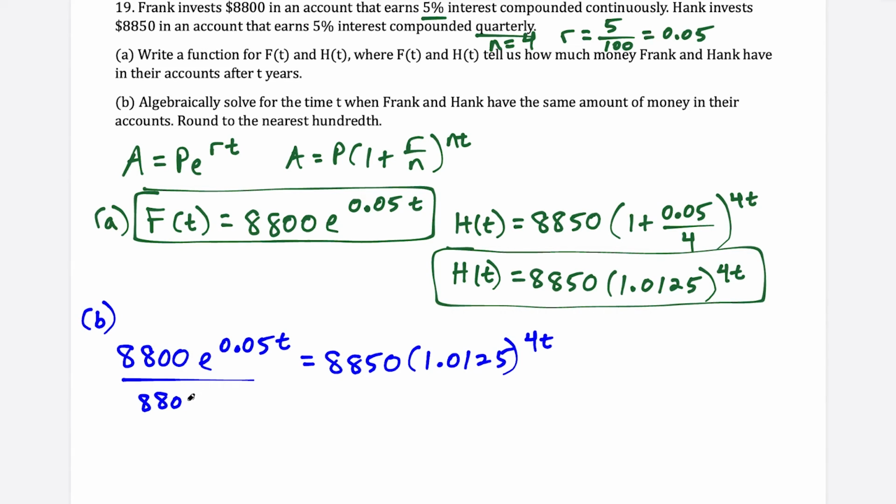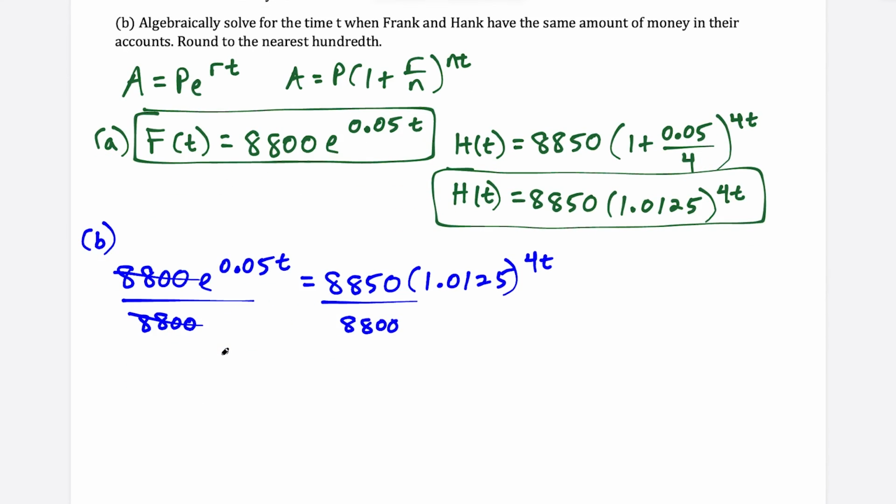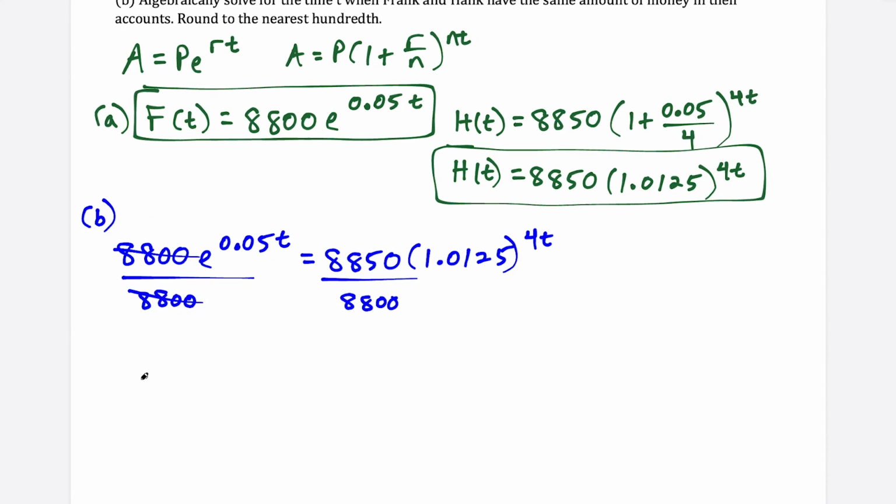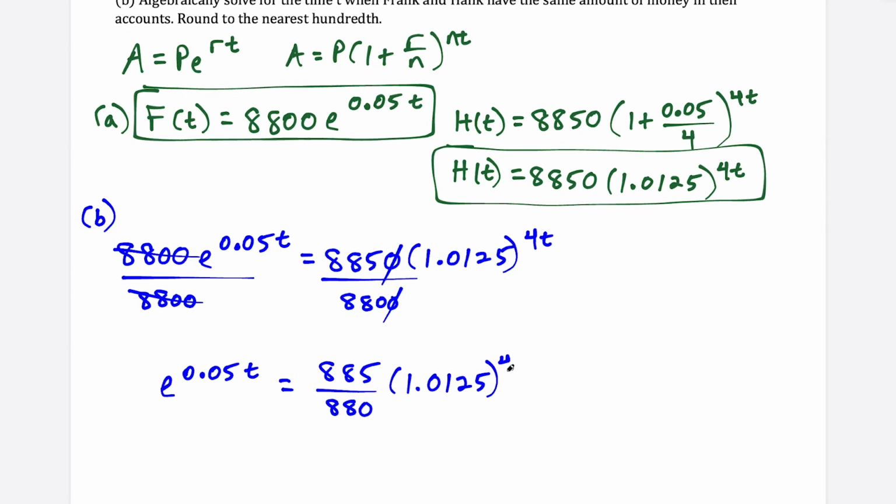On the left side, 8,800 over 8,800 cancels out, leaving e to the 0.05 times t. For the right side, I could just cross off trailing zeros, and now we have 885 over 880 times 1.0125 to the 4t power.